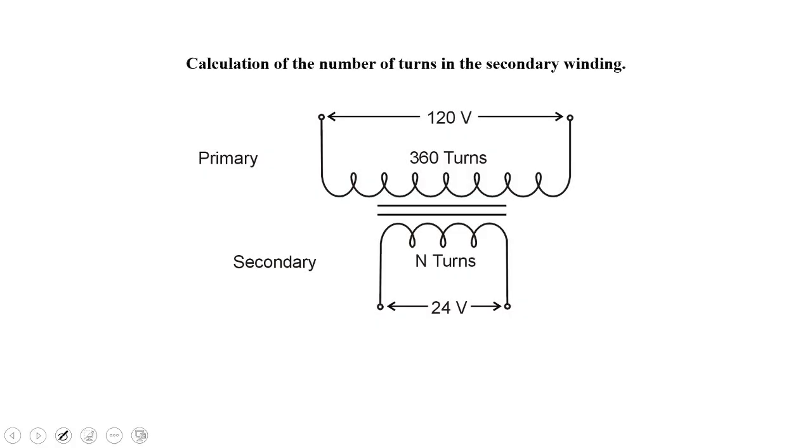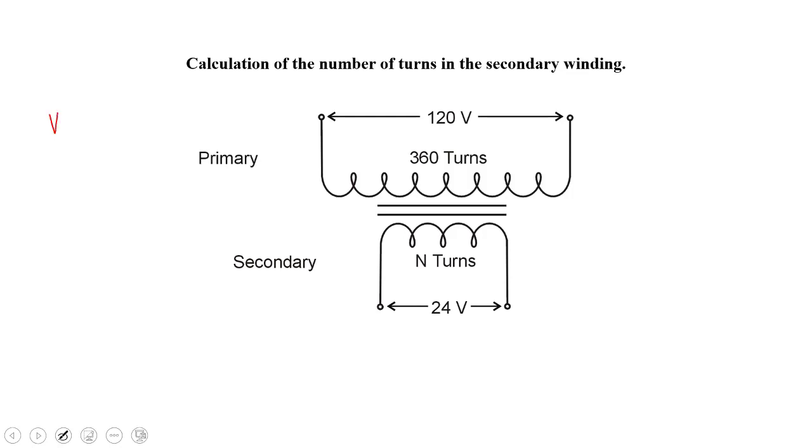All right, on this one, calculate the number of turns in the secondary winding. Same concept. If we can review here, we can do a couple of methods with this. I didn't give you a method to use here, but we can use two different methods based off what we've learned so far. Let's go with the voltage ratio first.